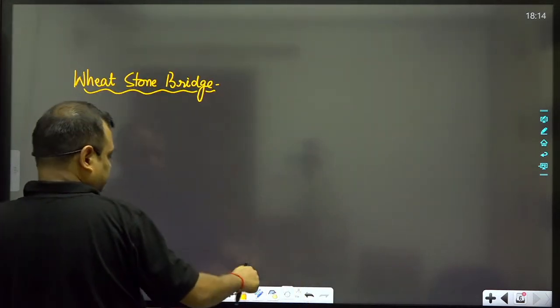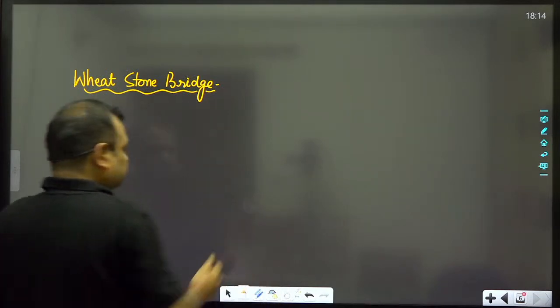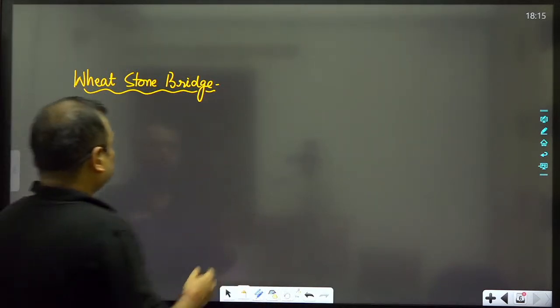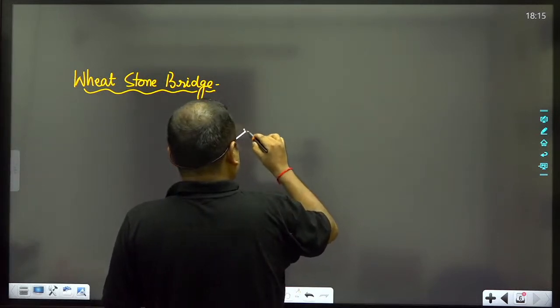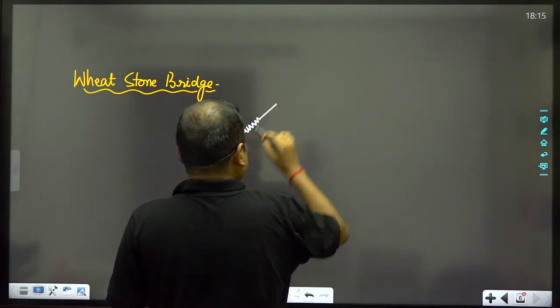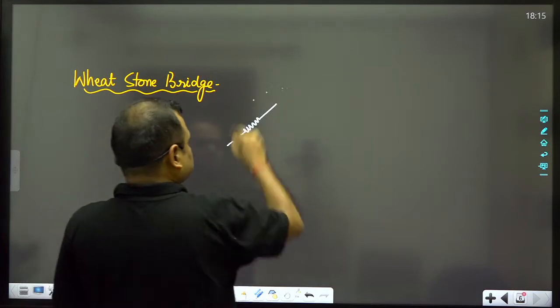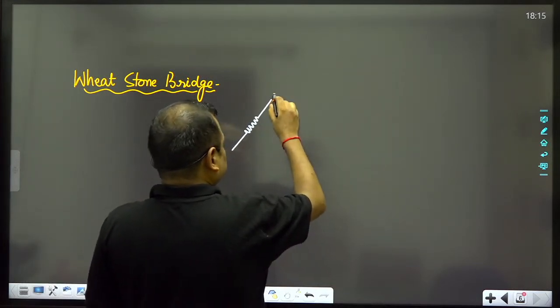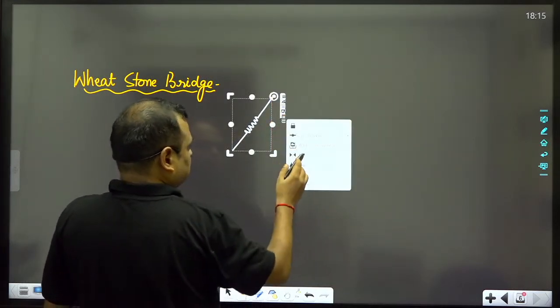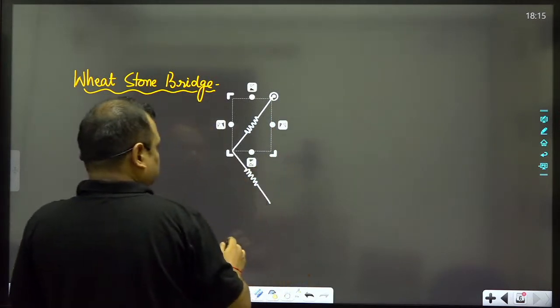Suppose there are four resistances arranged like this.